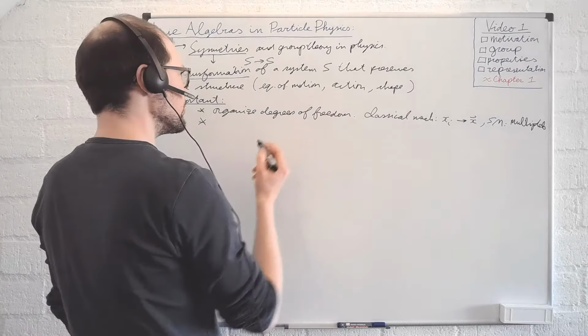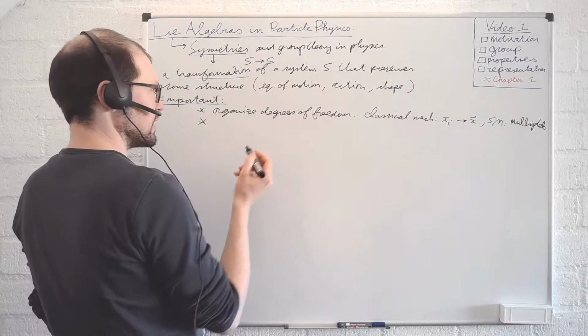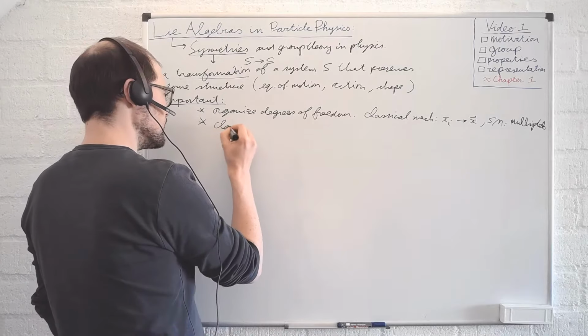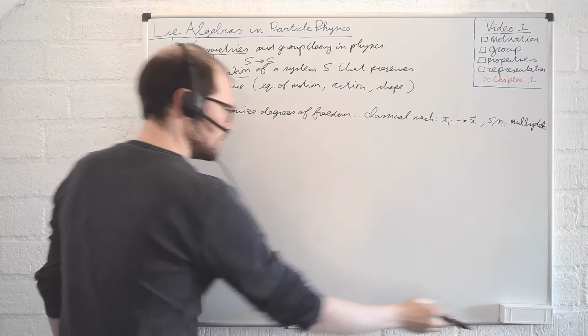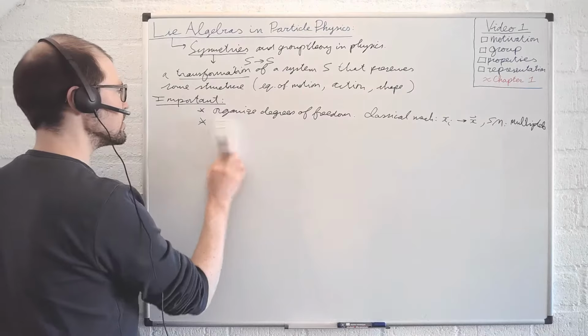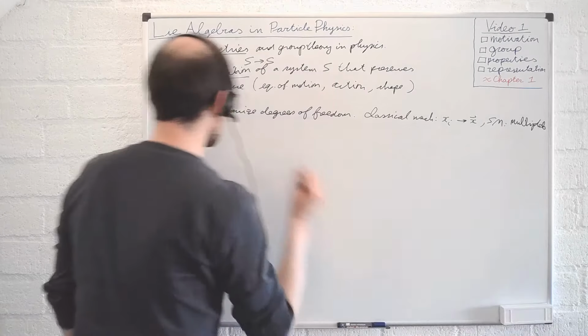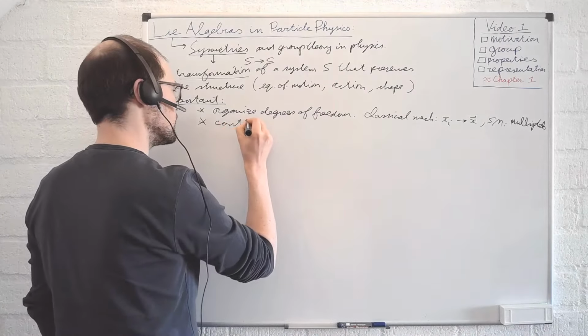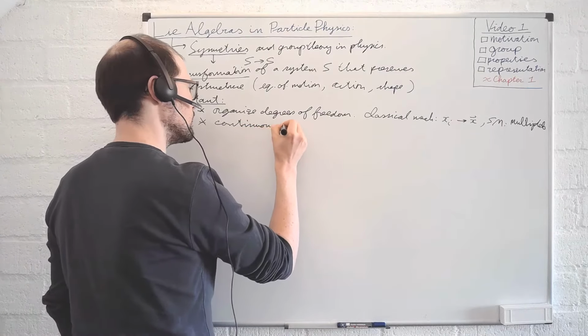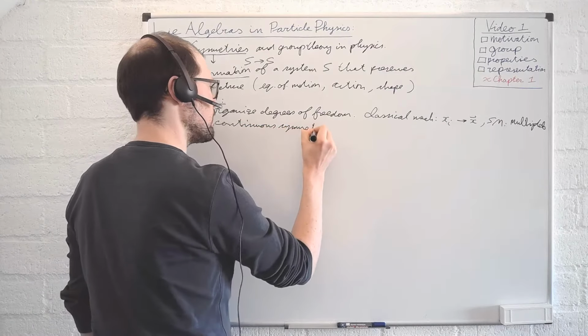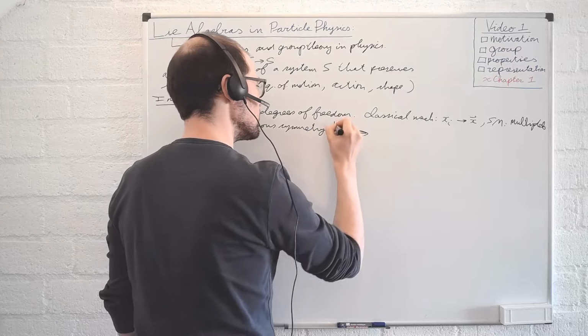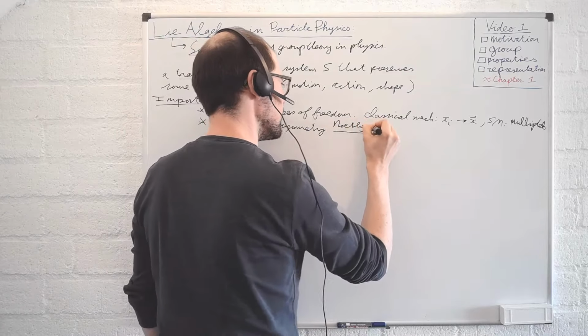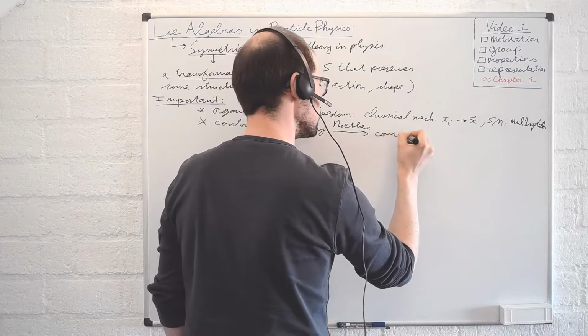Another reason why symmetries are really nice, for instance in classical mechanics, is that if you have a continuous symmetry, then Noether has told us that you get conserved quantities.